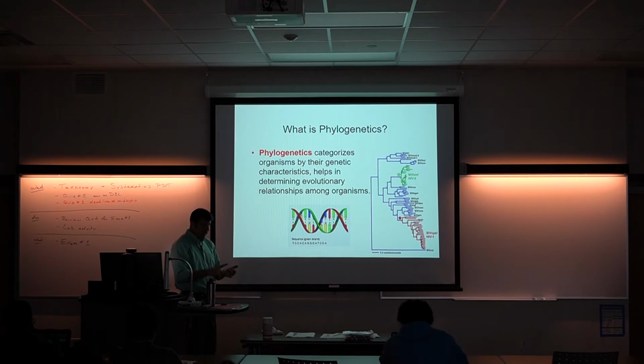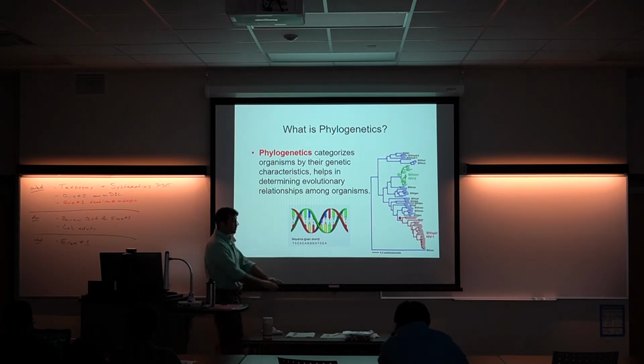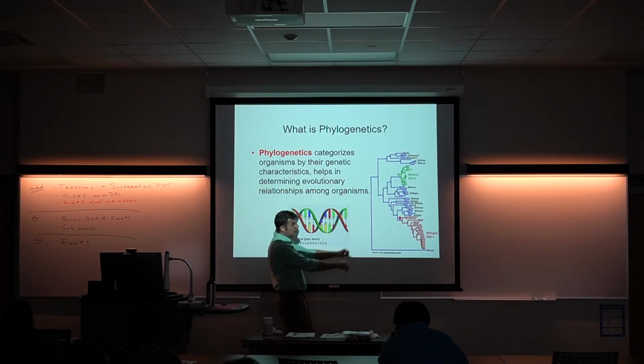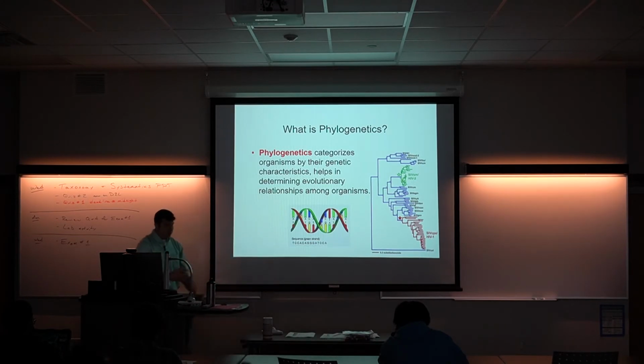We can analyze DNA, we can analyze protein sequences, and this has been a much finer tooth comb when trying to analyze evolutionary relationships. It has helped rewrite a lot of these cladograms that show evolutionary relationships.